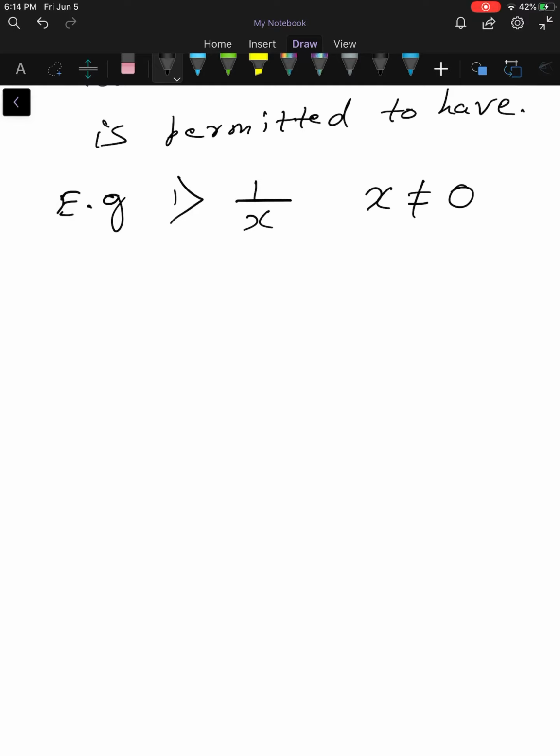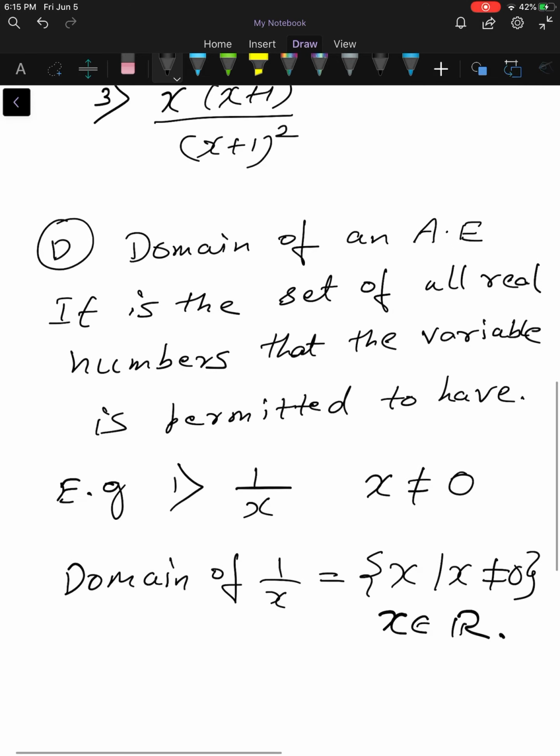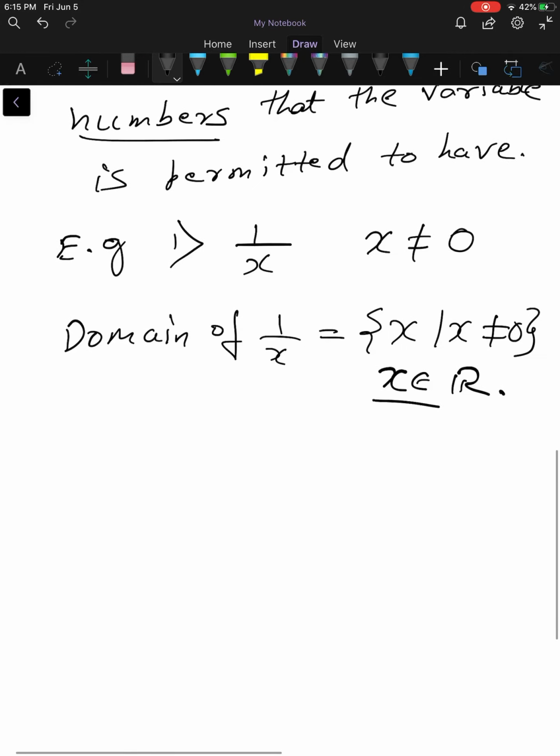So using set builder method, we will write the domain of 1 over x as all those x such that x is not equal to 0. Now you can ask whether writing x belonging to R is necessary or not. That is not necessary because in the definition itself you are allowed to take values from the set of all real numbers. Therefore writing this would be a redundancy.